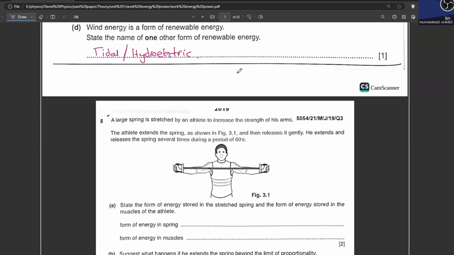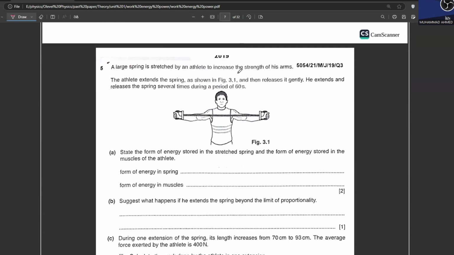Let's further move ahead. A large spring is stretched by an athlete to increase the strength of his arms. The athlete extends the spring as shown in figure 3.1 and then releases it gently. He extends and releases the spring several times during a period of 60 seconds.